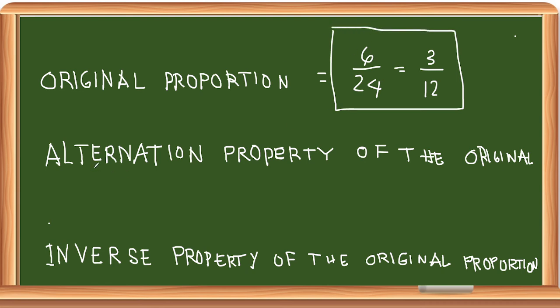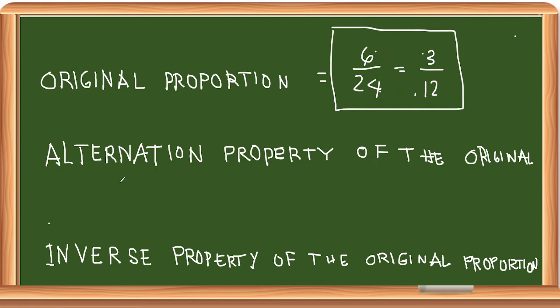Ngayon, when we say alternation property of the original proportion, alternation means ito over this should be equal to this over this, kung numerator to numerator. You're going to use the numerator over the numerator and denominator over the denominator.